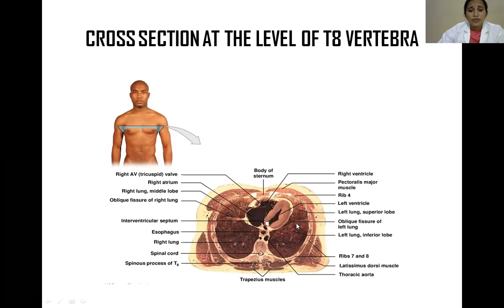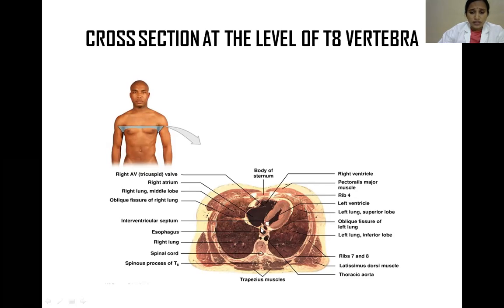So how to differentiate between the right atrium and the right ventricle? Here you can make out the right atrioventricular orifice. You can see the cusp of the right atrioventricular orifice. Then this is the right ventricle, this is the left ventricle. How to differentiate? By the thickness of the wall. The left ventricle is thick walled.